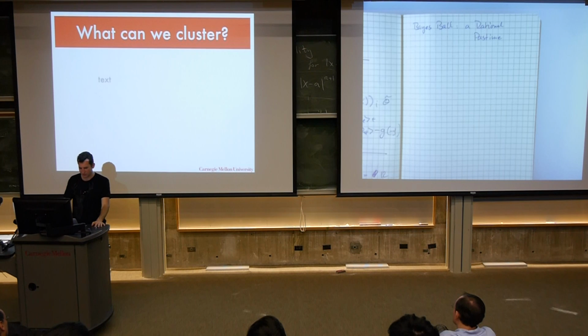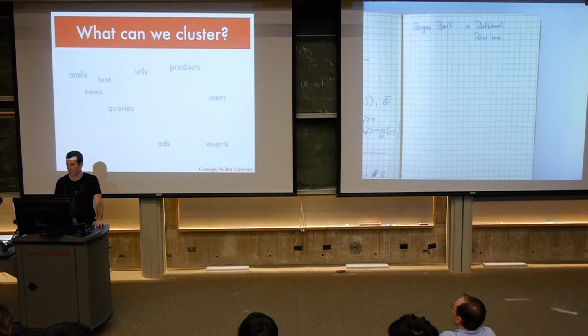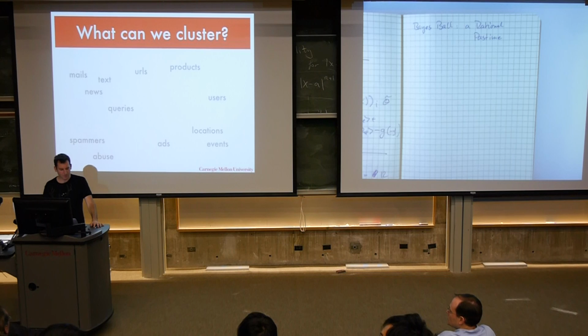There's a lot of things that you could cluster. Assume that each cluster is a Gaussian distribution. In this case, I did. But more generally, I could have clusters of multinomials, for instance like document models, clusters of Poissons, clusters of anything.